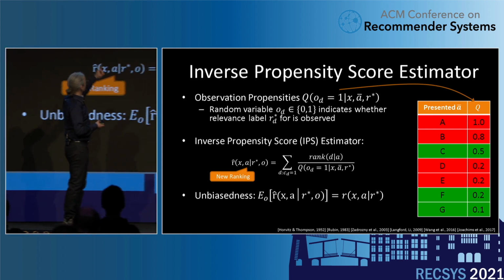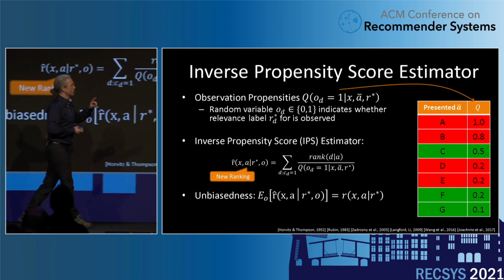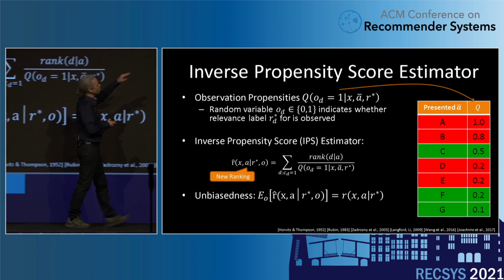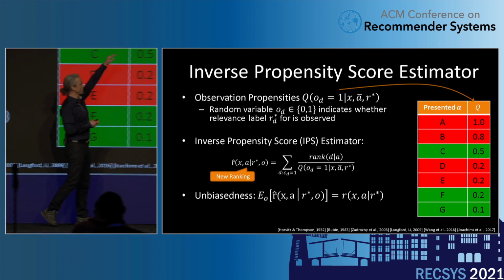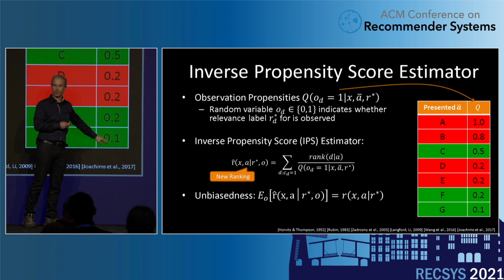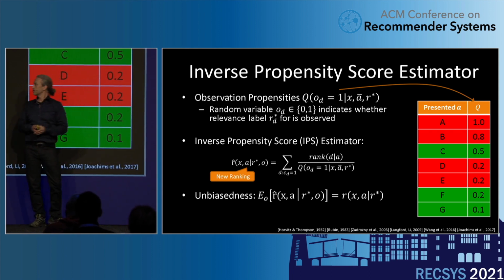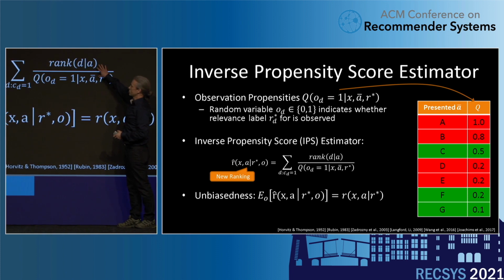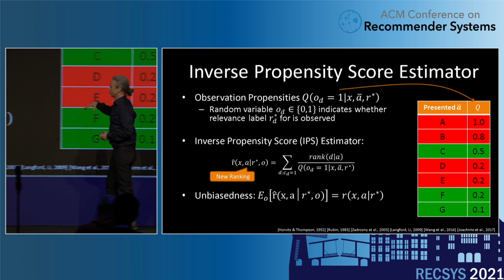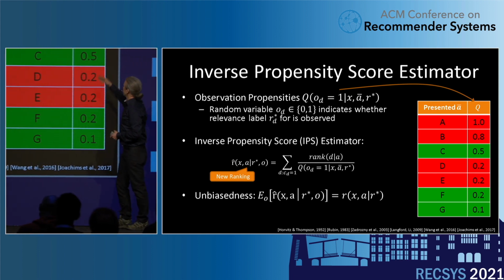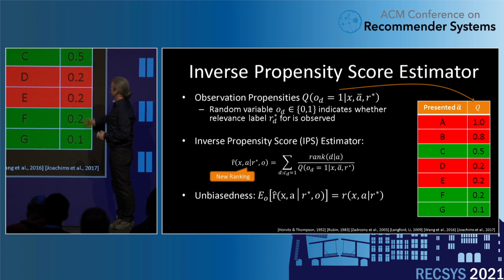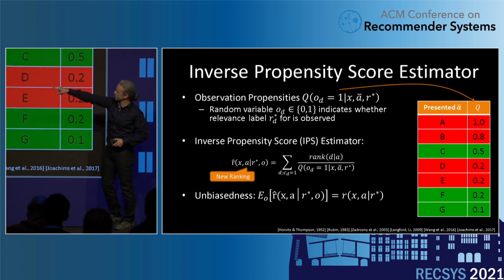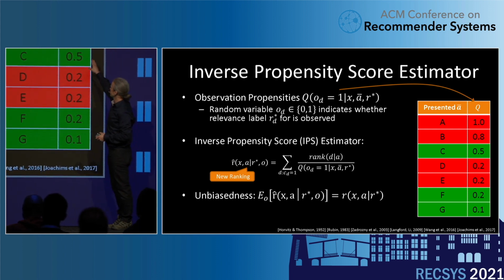So in particular, if we know the probability with which a user looks at any of these results, then we can just up and down weight the observations using the same IPS weighting tricks that we've done before. So let this Q of O, the probability of observation, be in this column here for my mocked up example. And what does the inverse propensity estimator say here?